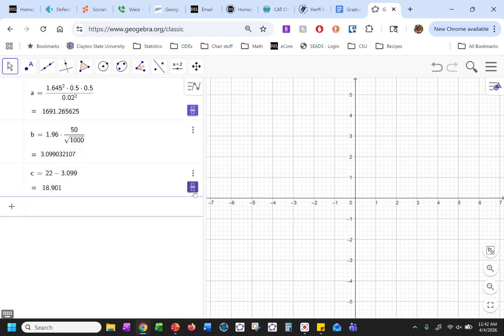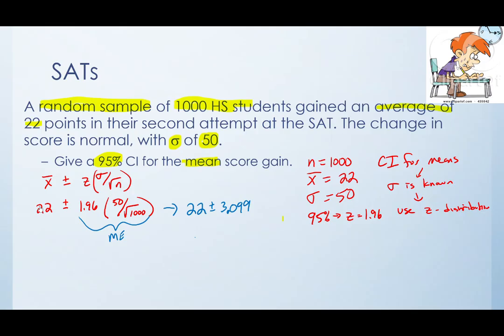Either way, we're basically getting 18.901 there. And not that we need to do this one, but we will. 22 plus 3.099, 25.099. Okay, so there's our confidence interval, 18.901 to 25.099.